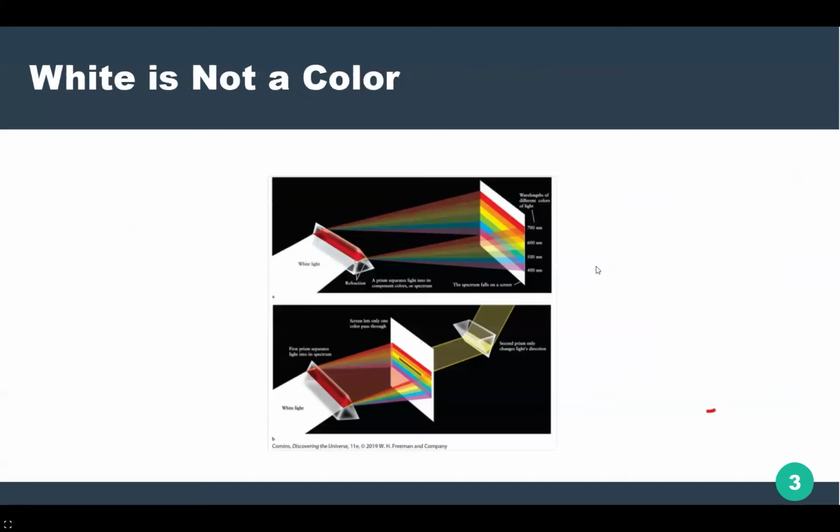This means that the light was not purely white, as we had supposed beforehand, but is a combination of a bunch of different colors of light acting together as a spectrum.